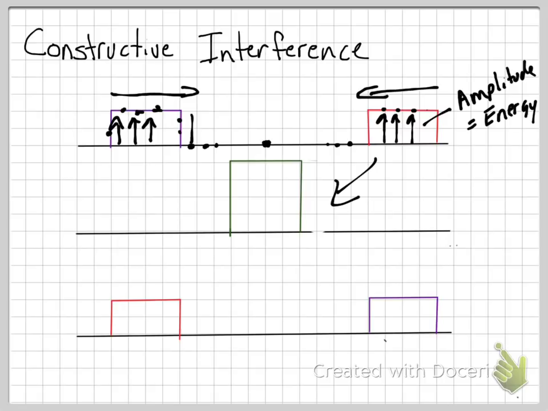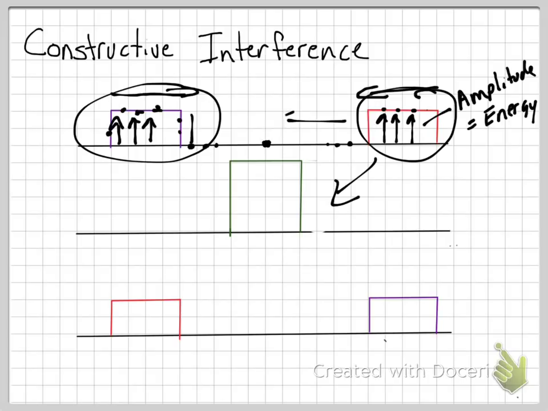And so we're going to have an amplitude of 2 by 4 for the red, and we're going to have an amplitude of 2 by 4 for the purple. And again, that amplitude represents energy, and constructive interference is just simply when the two waves collide.